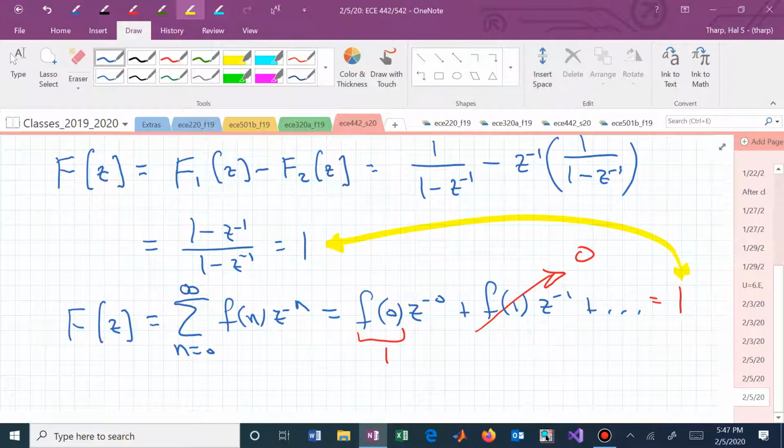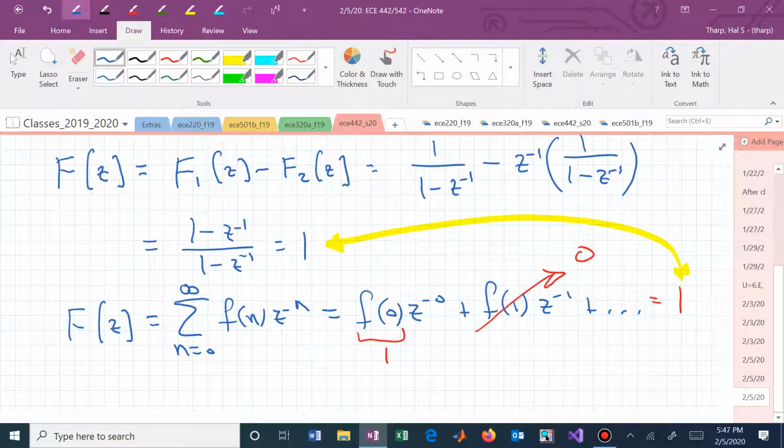the z transform. But what's the region of convergence for that right-hand side to converge? What values of z allow that to converge or to be a finite number? All z.